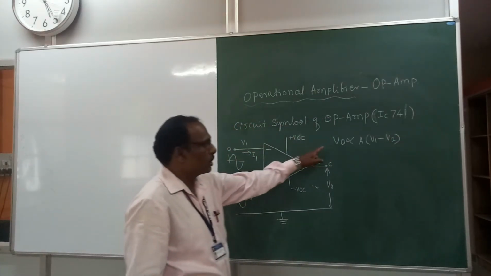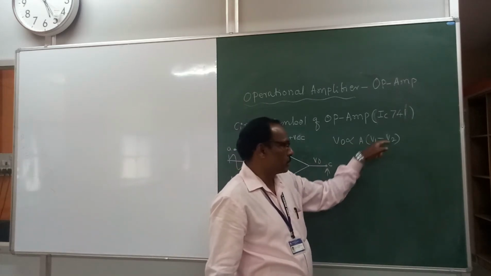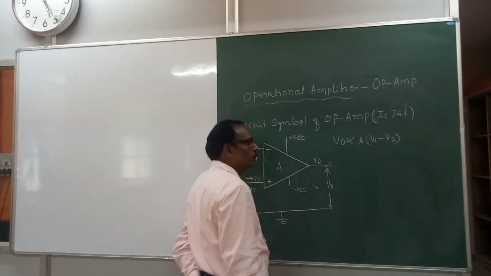So this is proportional to the difference of the inputs. A is the open loop gain.